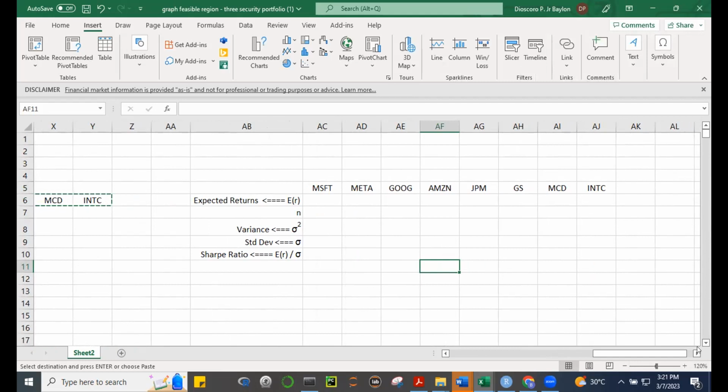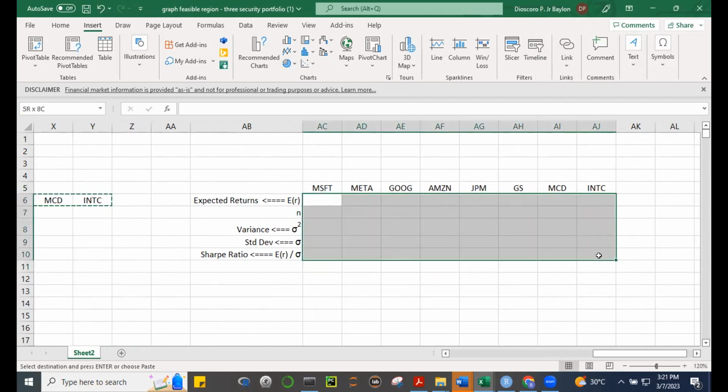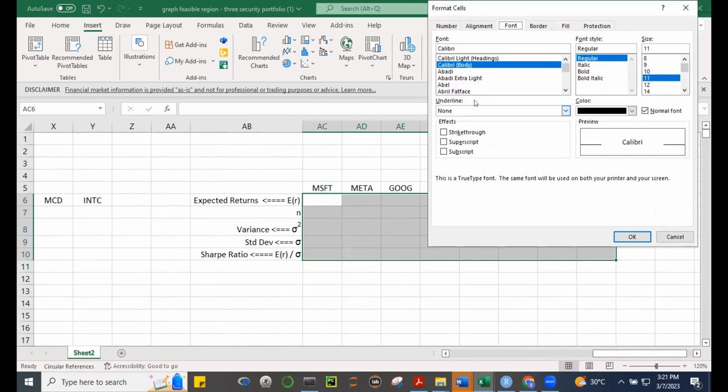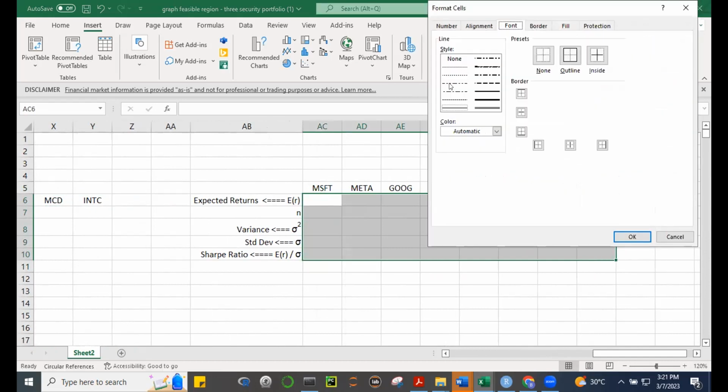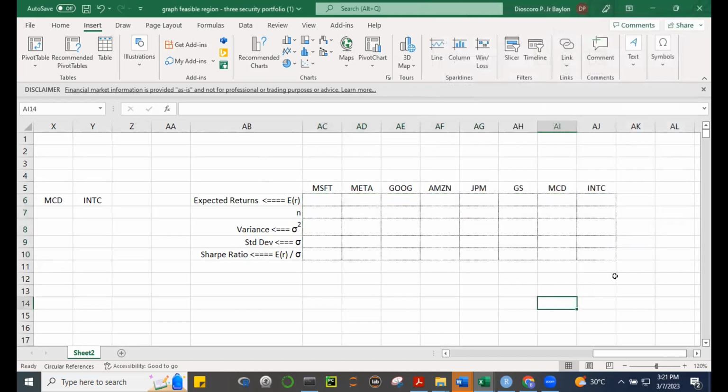Okay, I'll give you a few seconds, class, to work out this table. Let's give this a clean border. All right.